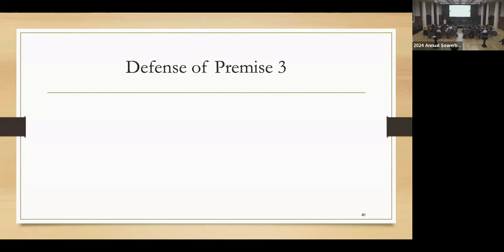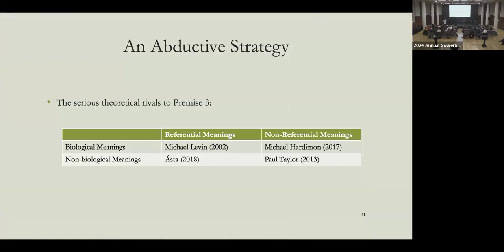The more substantive one is why I think that the meanings of the OMB's 1997 race terms are simply their reference, and those references are the human continental populations that they stand in a one-to-one mapping to. The strategy I'm going to use to defend this is an empirical abduction. There are two ways of thinking about the meanings of these terms, referential or non-referential, and another way of classifying the meanings is biological or non-biological.